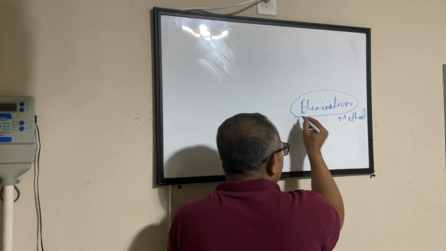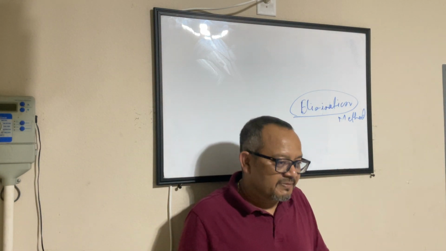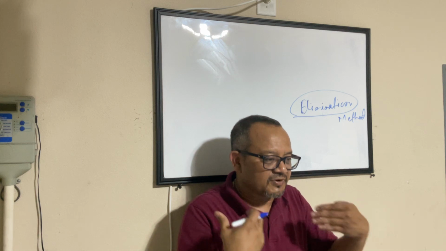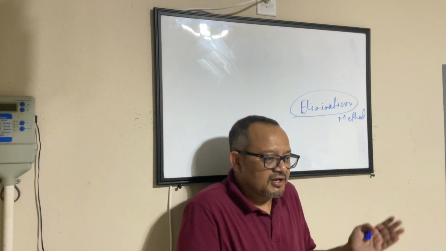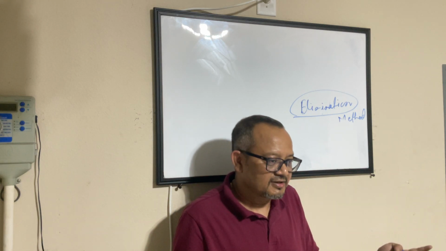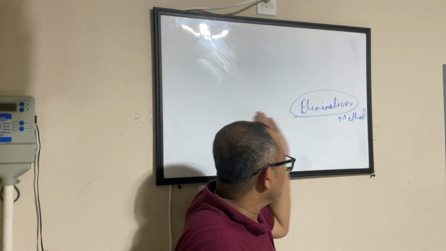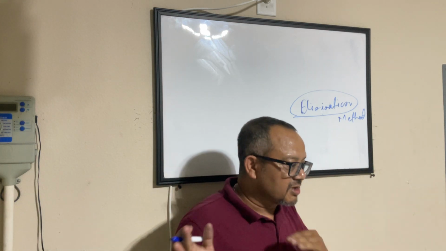What does English say? Eliminate. If anybody says eliminate this teacher from your classes, what does it mean? You guys are kicking me out of the class. There will be only students. Similarly, when you say elimination, you are talking about removing something, knocking something out.